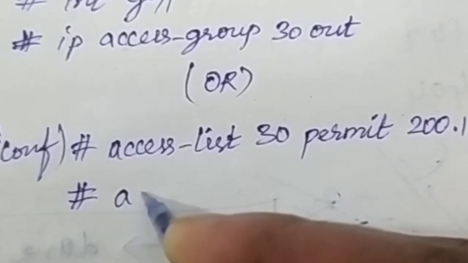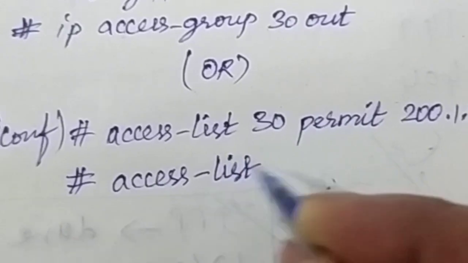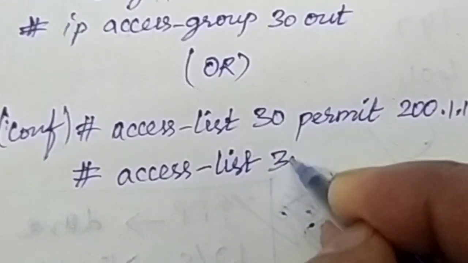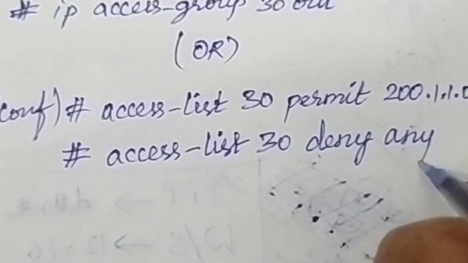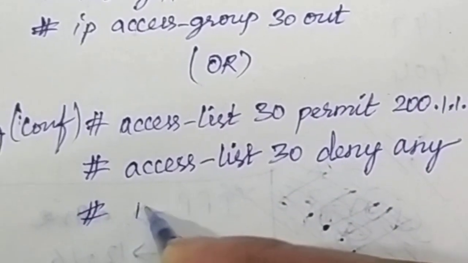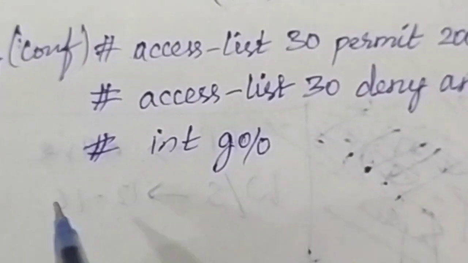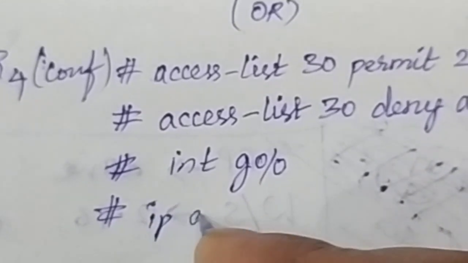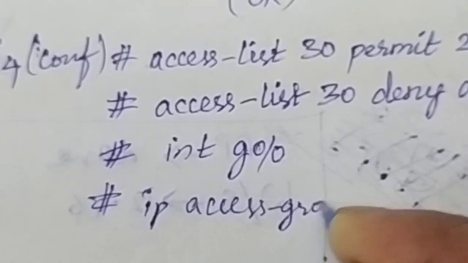Next you can give access list 30 deny any. Like that you can give. Okay, this is the second way. So next line is interface G0/0. Next is IP access group, same command.